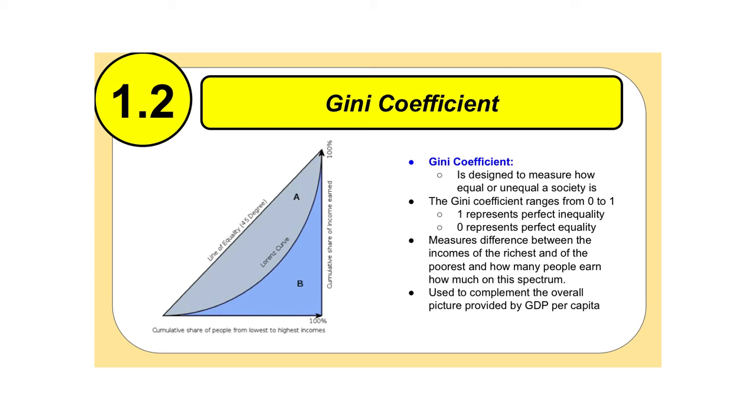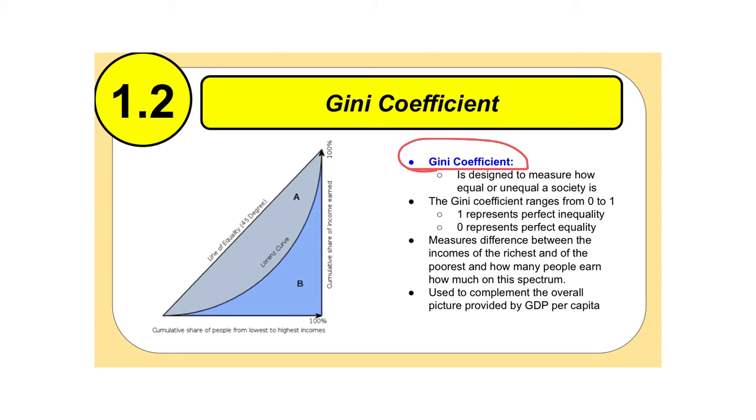Knowing what we know about GDP per capita, that it doesn't show us anything at all about how fair or equal the distribution of income is, geopolitical scientists have developed something called the Gini coefficient to address that. So, what is the Gini coefficient?